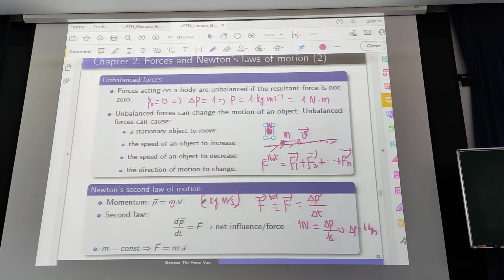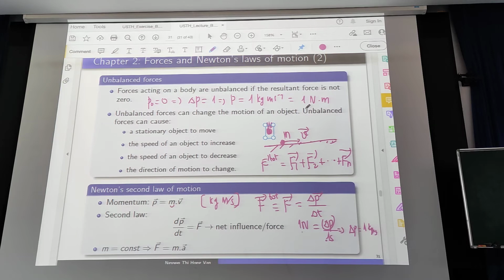So the dimension of this, you see, momentum equals force multiplied by time. So the unit of momentum is also Newton second. When you act with a force of 1 Newton, you change the momentum by 1 Newton second per second.